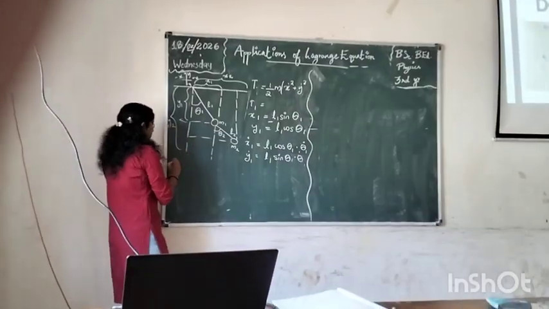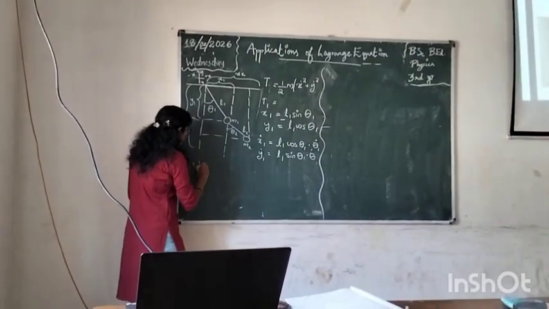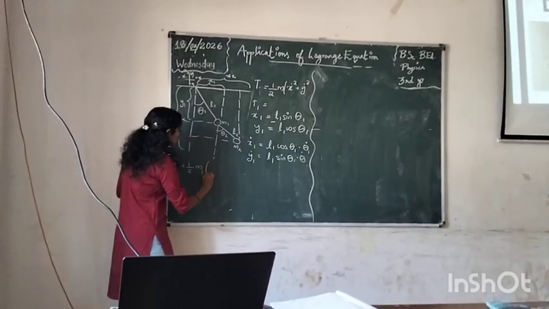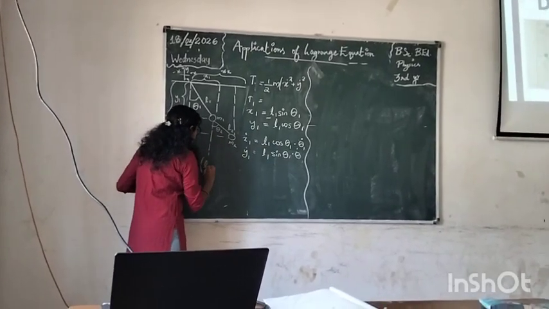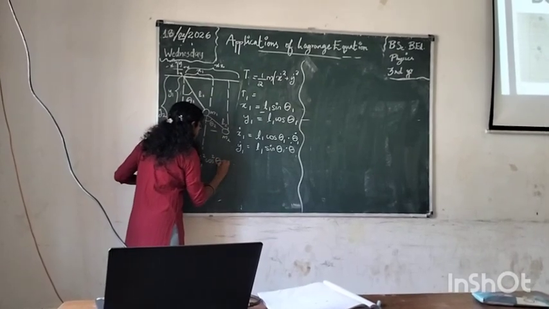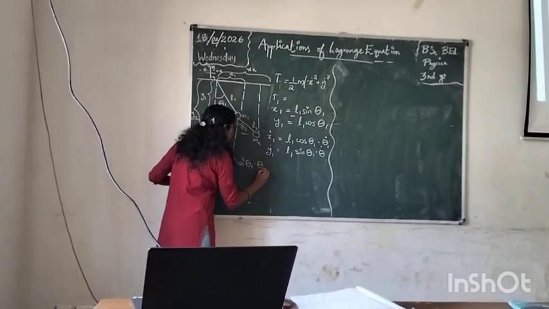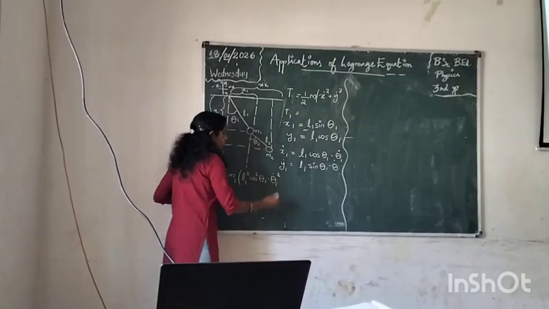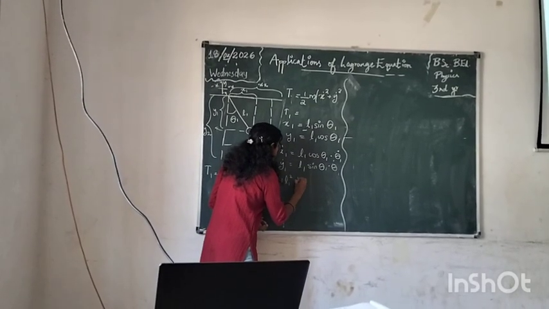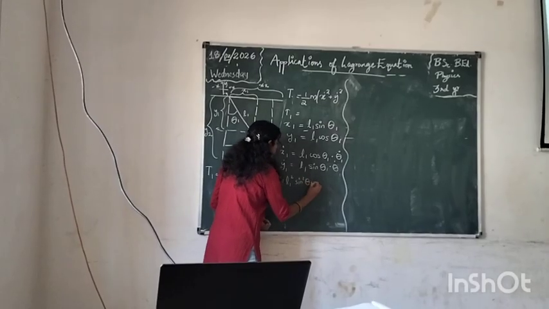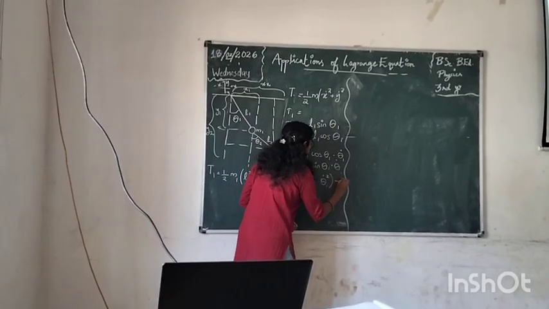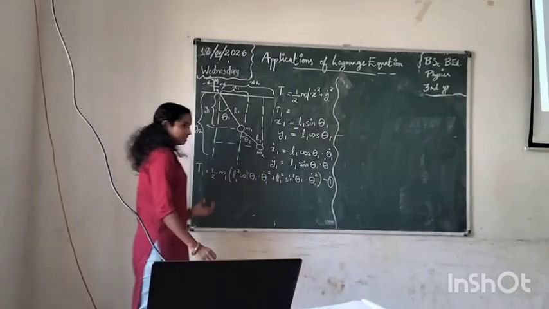Then we have to find T1 is equal to half m1 into this term squared, that is L1 square cos square theta 1 into theta 1 dot square plus L1 square sin square theta 1 into theta 1 dot square. So this is our kinetic energy, that is T1.